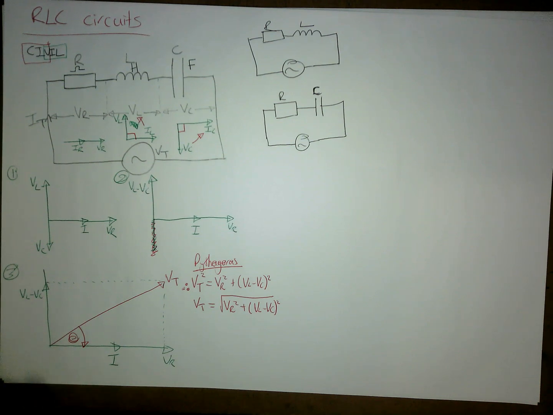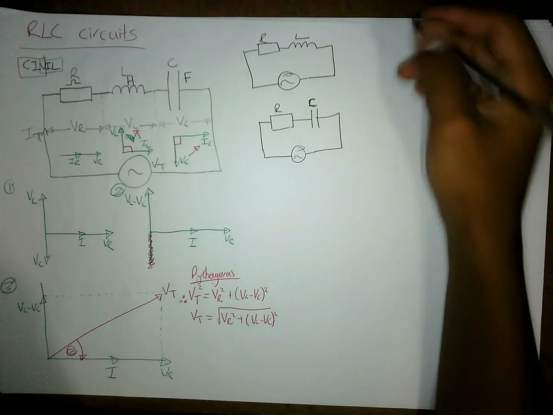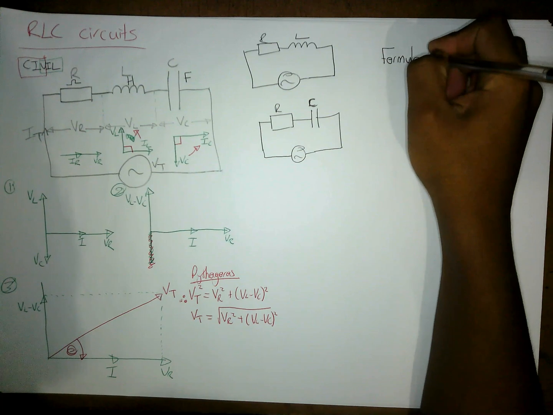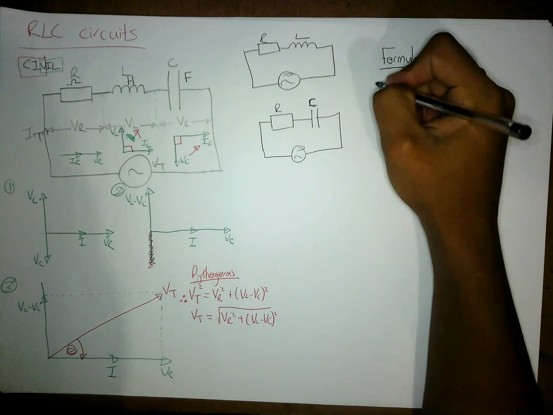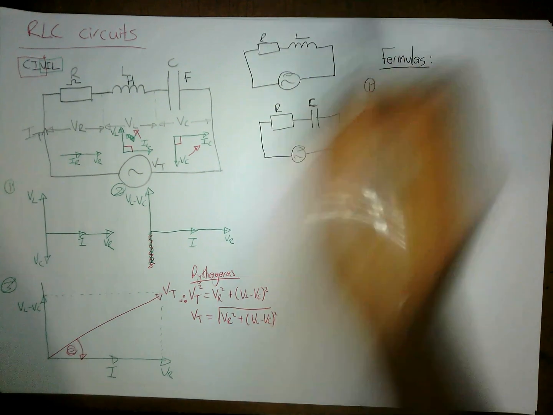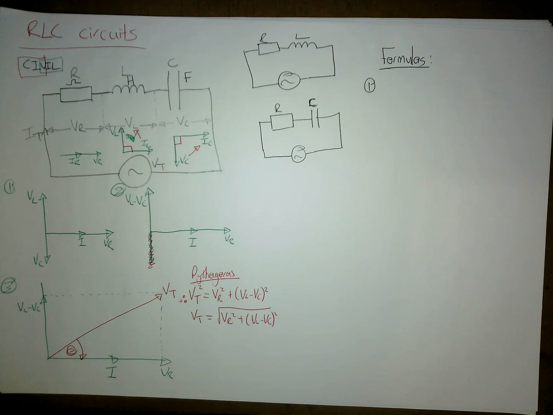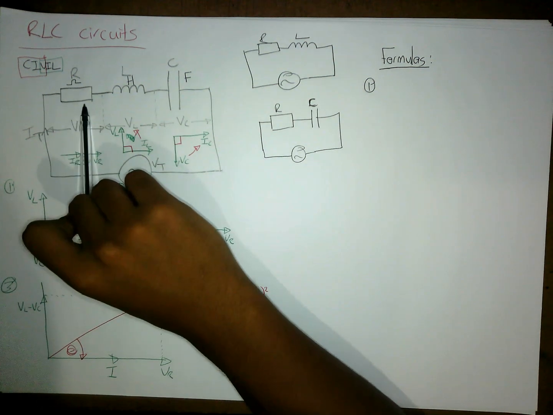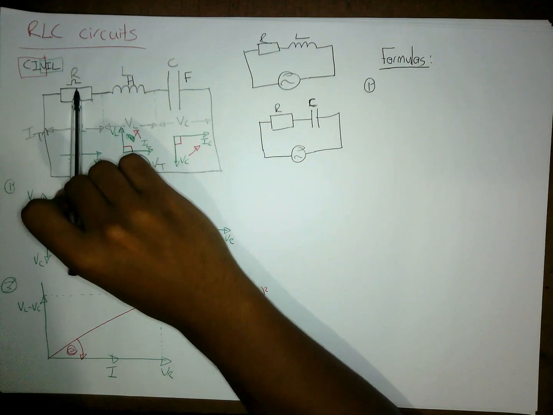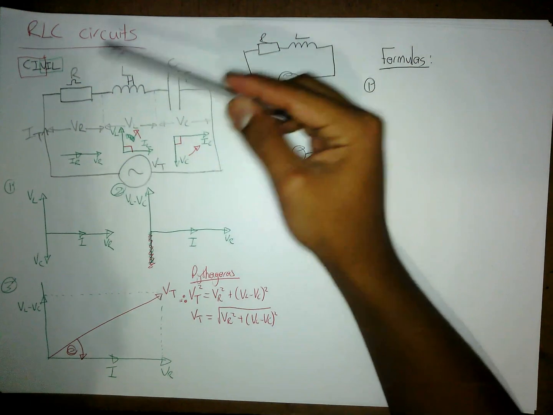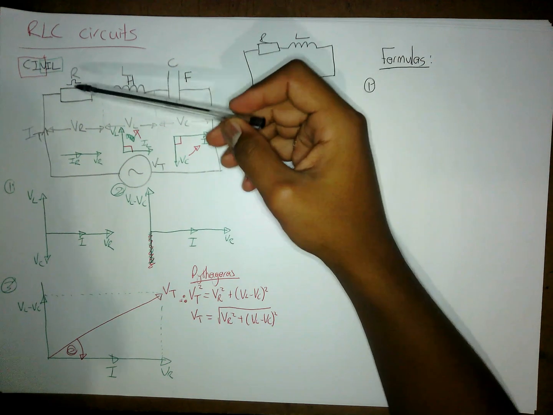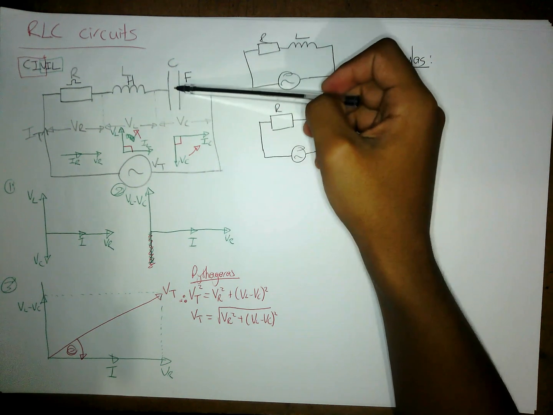So let's write a couple of formulas that we are definitely going to use. Let us start with R. R will be given in ohms. Because each of them has a resistance, they'll have a voltage drop, so we are always going to use the resistance values of each component.